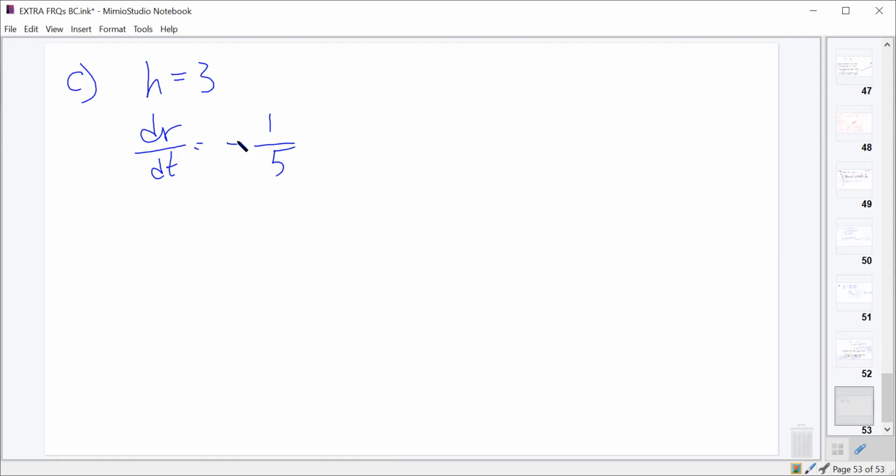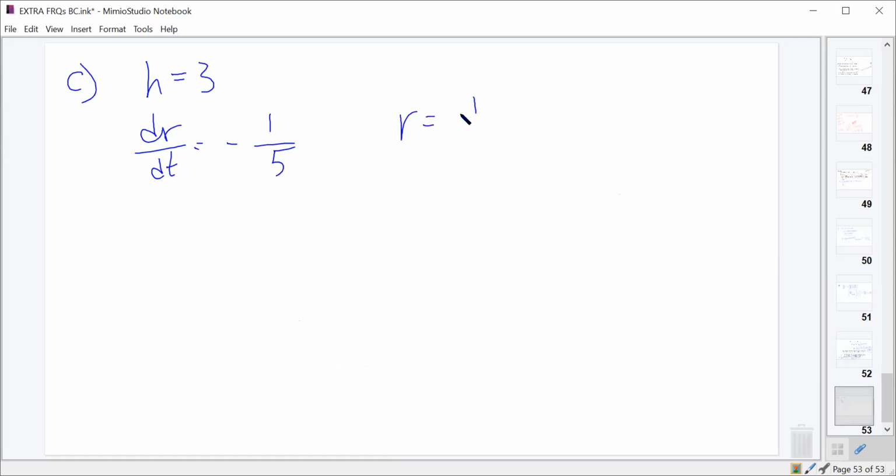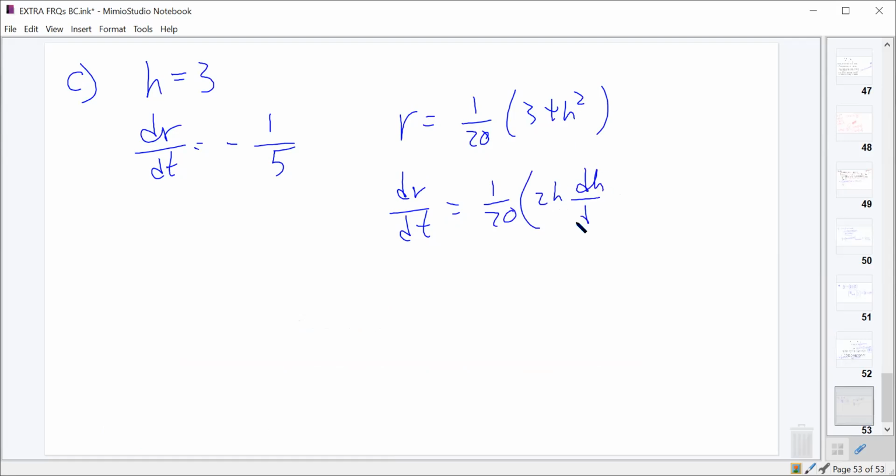Okay? And then all we've got to do is go in with our r function and take the derivative with respect to t of both sides. So we've got r equals 1/20th of (3 plus h squared), giving us dr dt equals 1/20th of 2h dh dt.